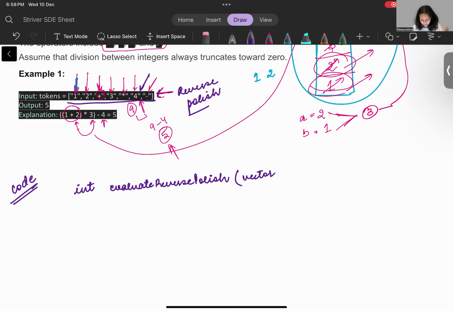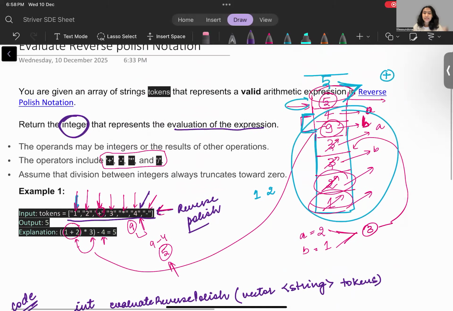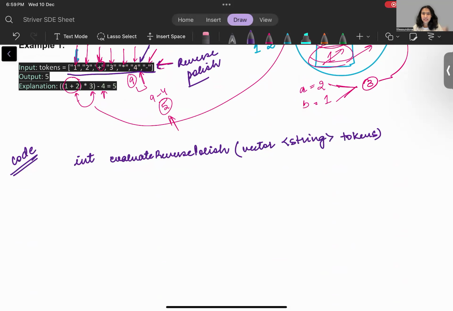So we have been given a vector that has the component as string. And what is it? Tokens, right?